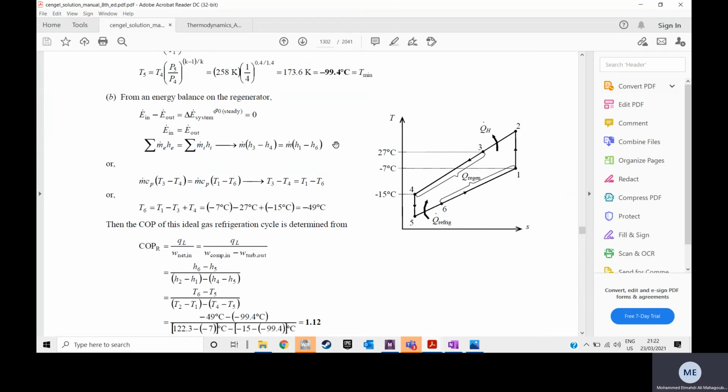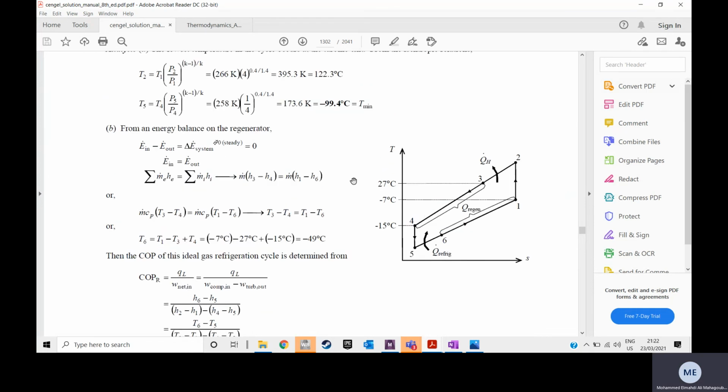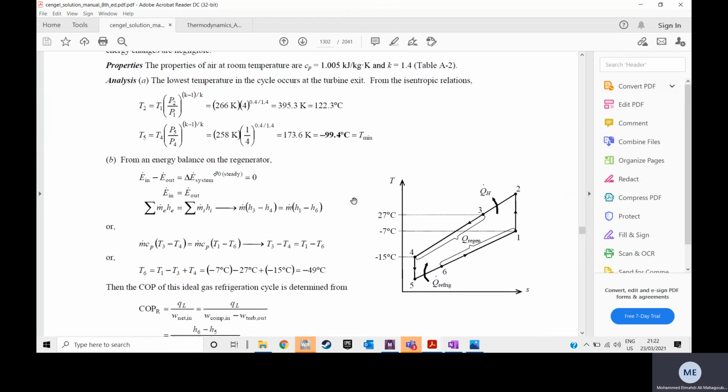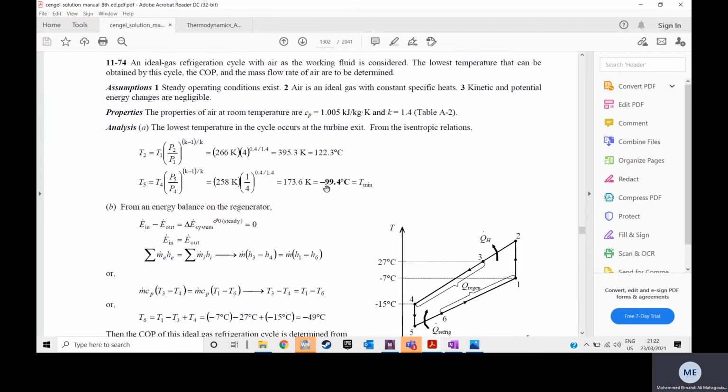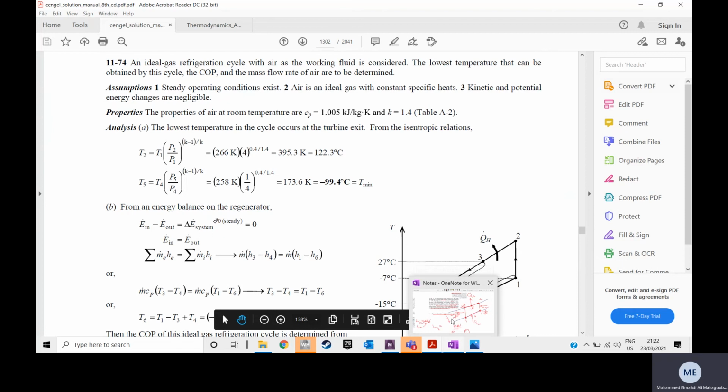No, actually it is minus 49. That's the lowest temperature. Yes, I'm correct. It is lower than minus 73, which is the lowest entry in the table. So you have to use the T-P-K relationships, okay?